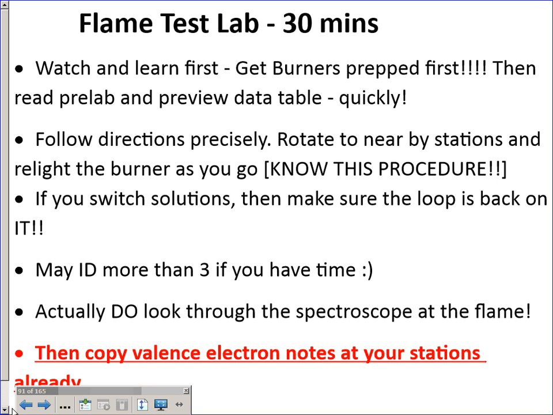Purple is 1.4. Also orange. Turquoise is... I'll say two. Oh wait, two is what?